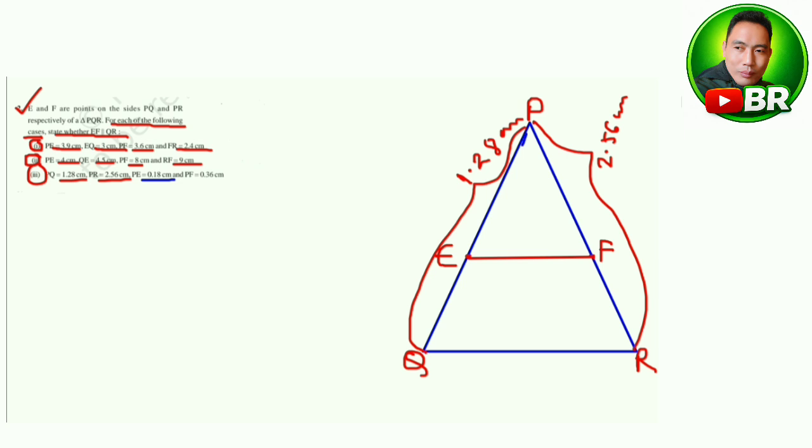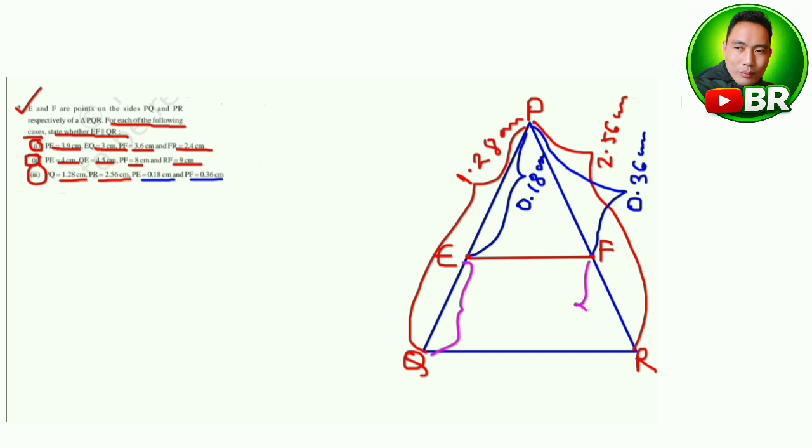PE means this part is 0.18 centimeter and PF is 0.36 centimeter. PF means this part is 0.36 centimeter.